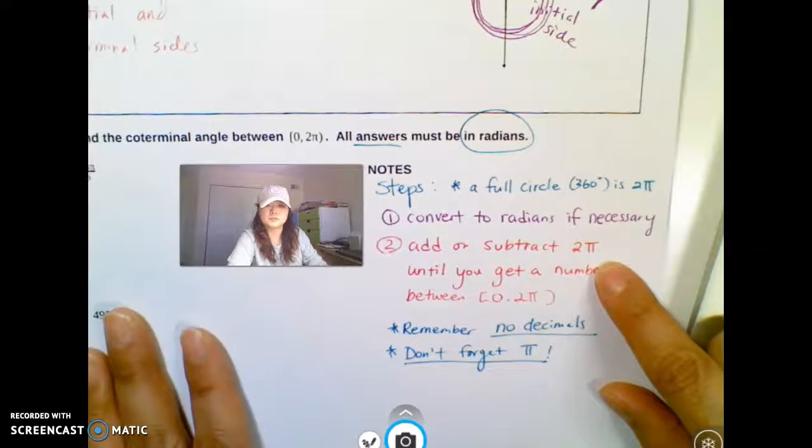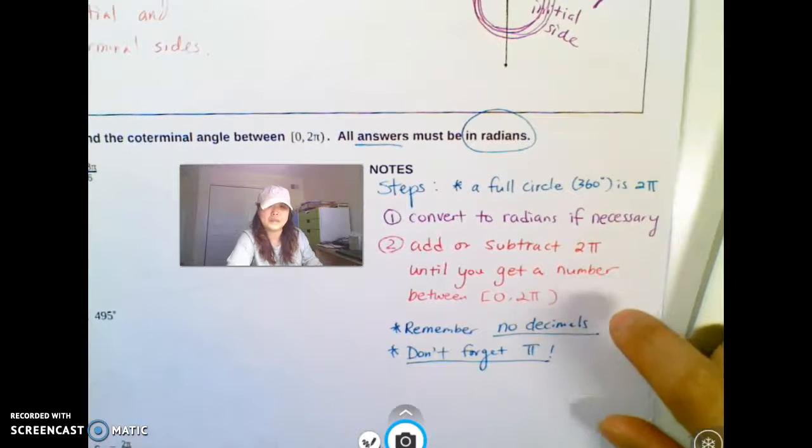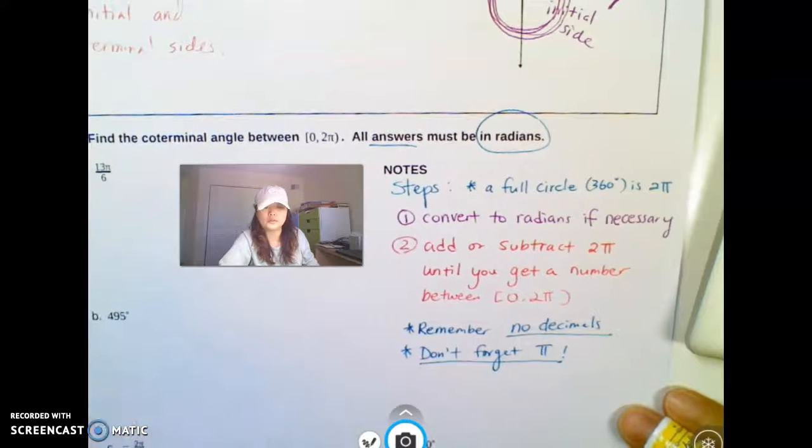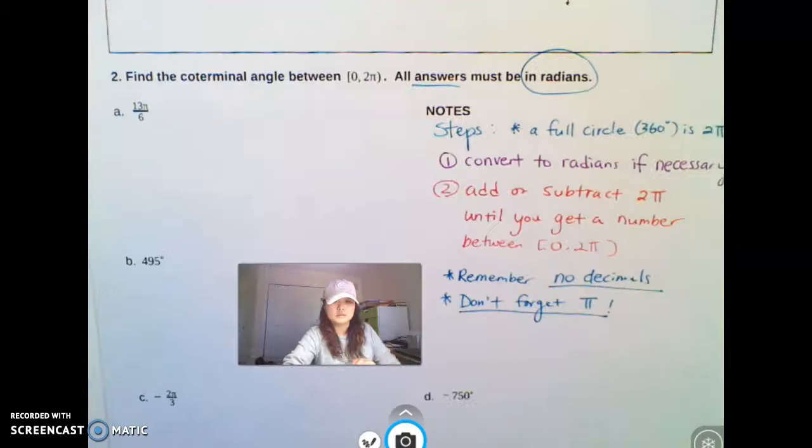If you start with something too small or even negative, then you have to add a whole circle, which is 360, to get to the new radian. And then remember, we're not doing decimals. We want everything in terms of fractions if you get a fraction for radians. And don't forget the pi. Pause and do it.